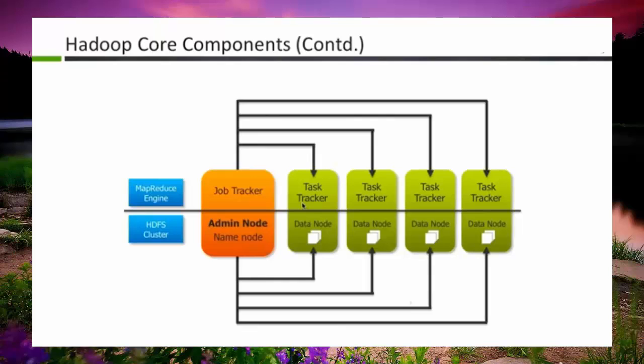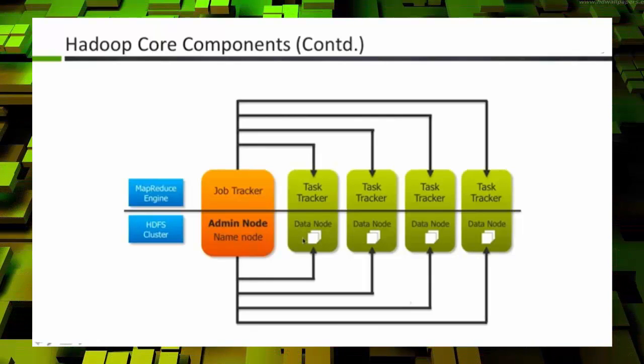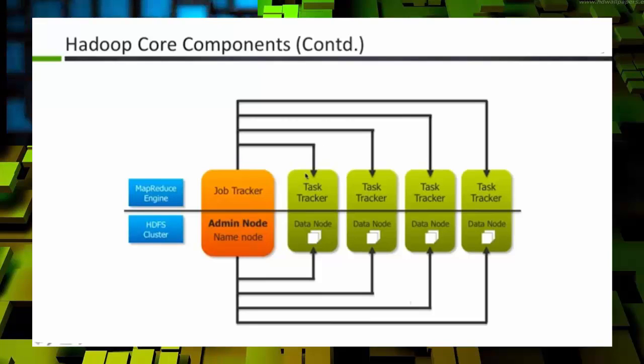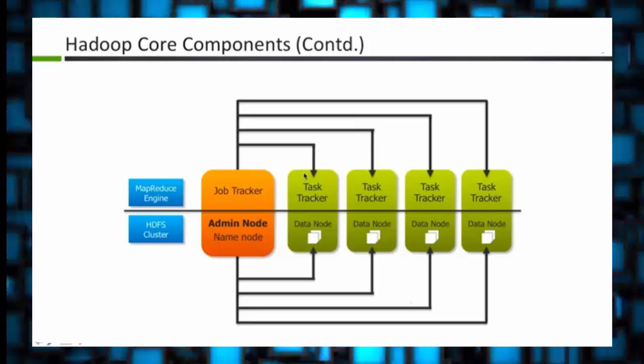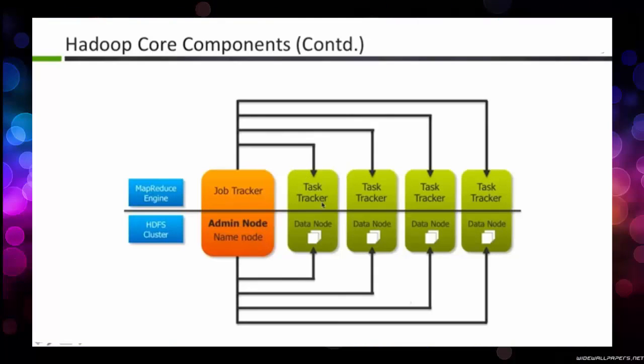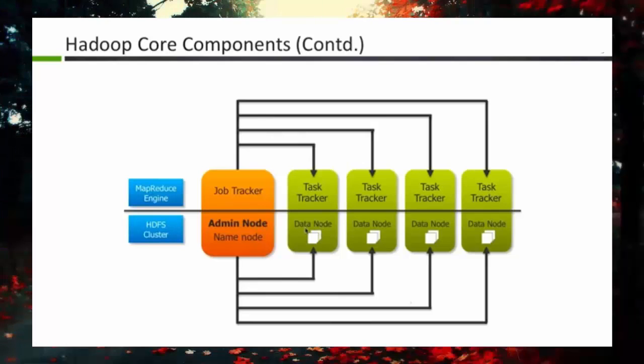The tracker runs on the data node. The data node will be on a machine and the tracker will be running on that node. So the job tracker is associated with the admin node and the task tracker is associated with the data node. Is that clear to everyone? Just remember this much.